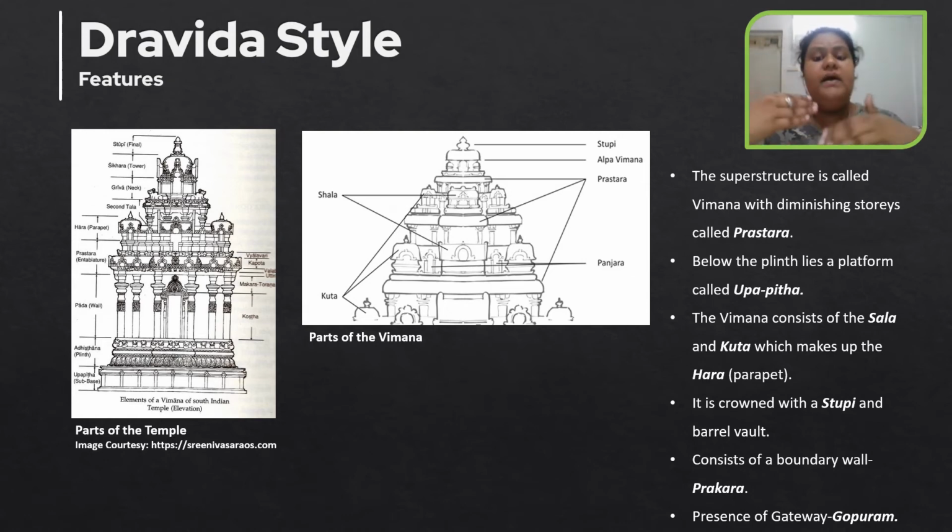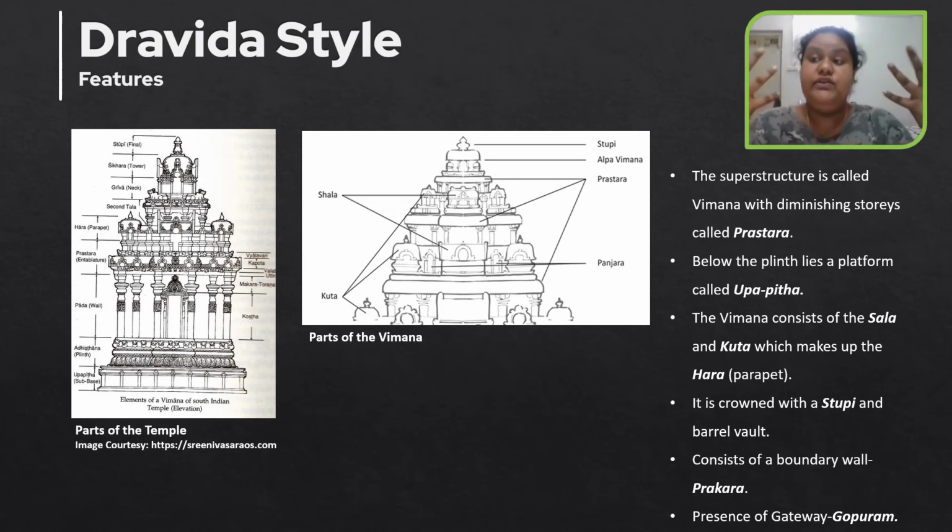The other part is that the Vimana is often crowned with a stupi and a barrel vault. There are speculations about how this barrel vault was actually placed onto the temple, because the barrel vault, the Ghanta or the Griva region, was the last thing to be added to the temple.